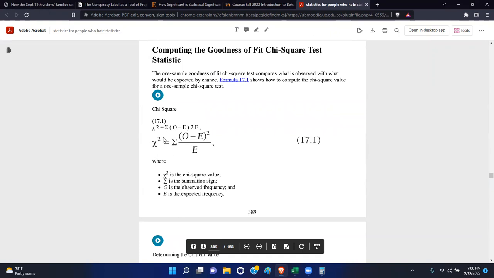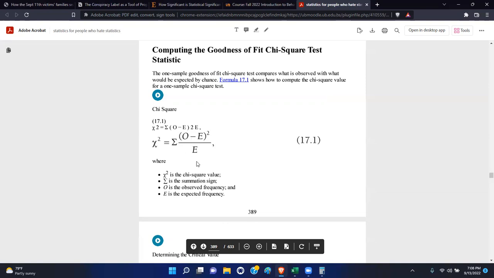That would be chi-square. This is the Greek letter chi, and we're squaring it because we square the values we get when we compare our observations with our expected results. So we have the observed frequency and the expected frequency.